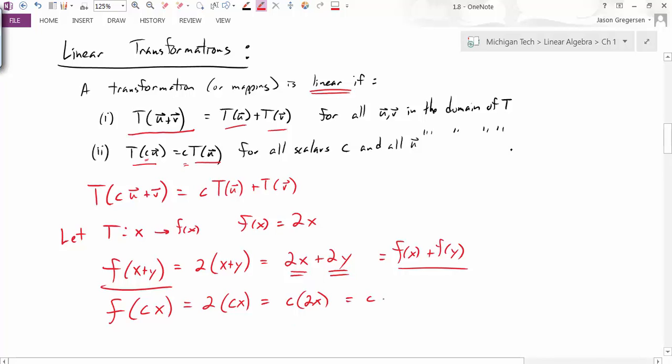But this is just c times f of x. And so I've shown that f of c times x is equal to c times f of x. So this is kind of a basic demonstration of how I would show that a transformation, or in this case a function, is really linear. So now what I'd like you to do is try some problems on your own.